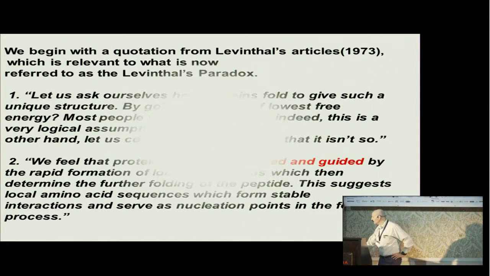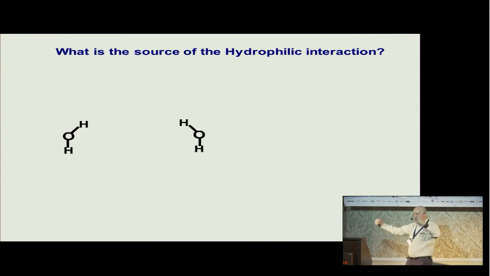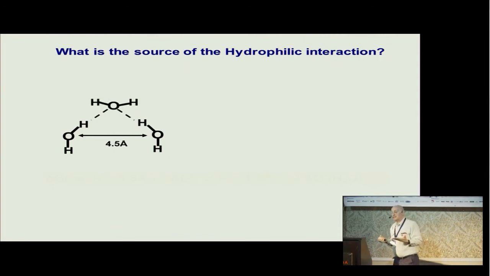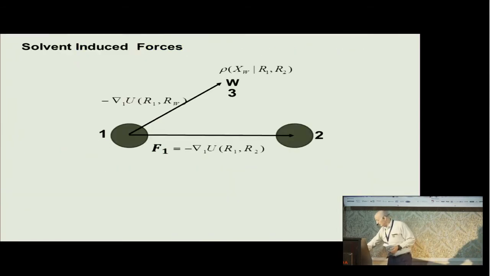Now, here is a simple question. If you see that two hydrophobic groups, or two groups in water, get very fast to each other, and you ask what's the reason, the immediate answer to that question is that there are some strong forces.